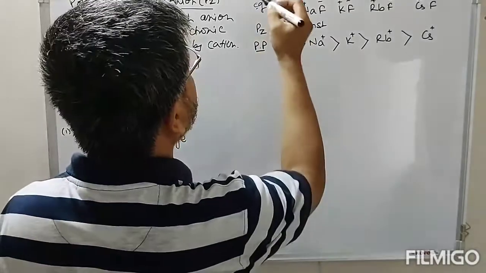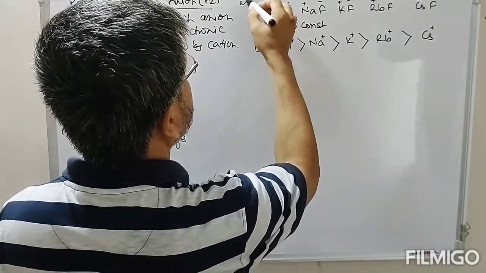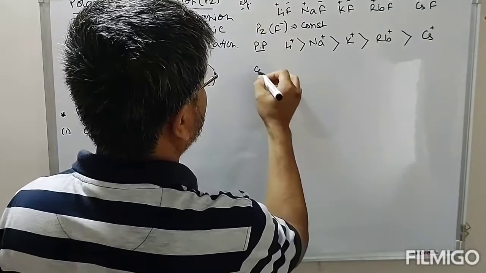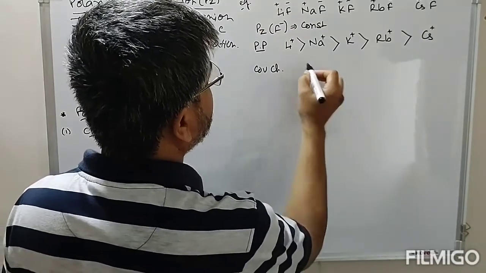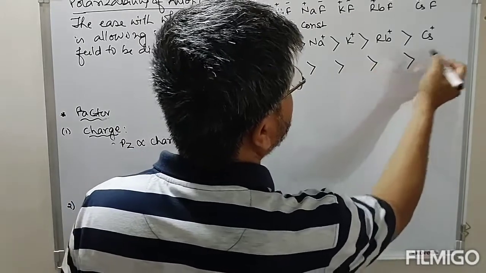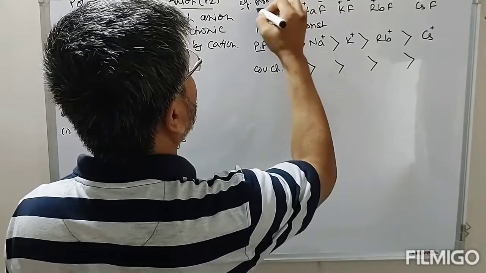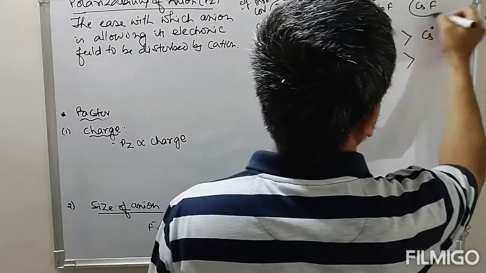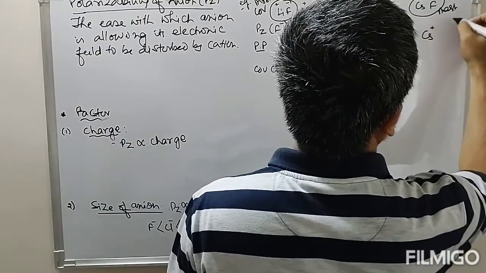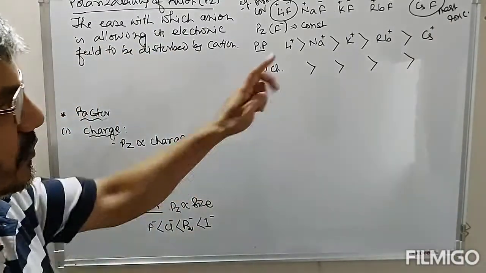So the covalent character: lithium fluoride, sodium fluoride, potassium fluoride, rubidium fluoride. So this is the most covalent, this is the most ionic. I hope you got this point.